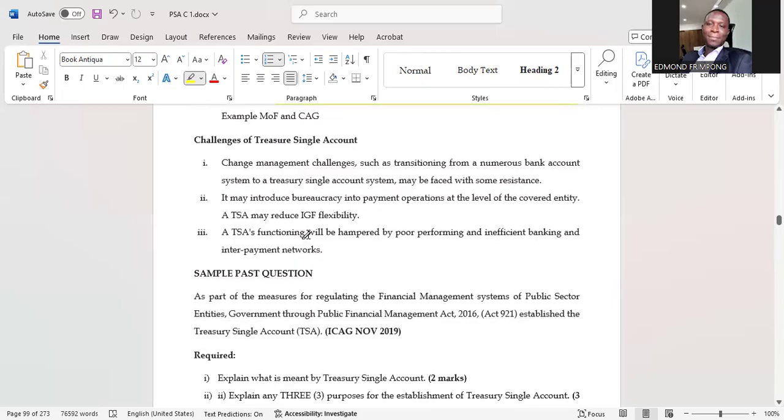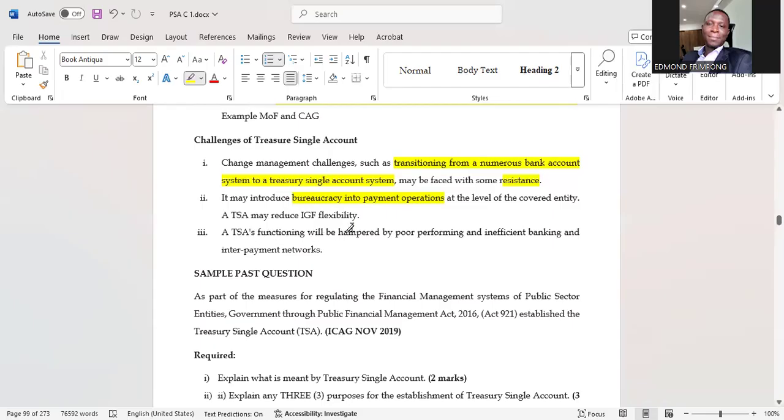In as much as we want to achieve the objectives of the Treasury Single Account, it comes with challenges. One challenge is that transitioning from a numerous bank account system to a single accounting system comes with some form of what? Resistance. Yes, because people will not have their way, they will resist it. Bureaucracy in payment operations is very, very likely in a high risk area.